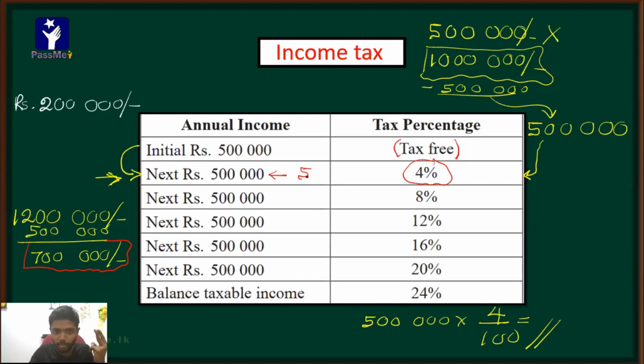I think you got my point. 500,000 should be multiplied with 4% and gives 20,000. That means 2 lakhs should be multiplied with 8%. So altogether 7 lakhs. Then, did you understand?